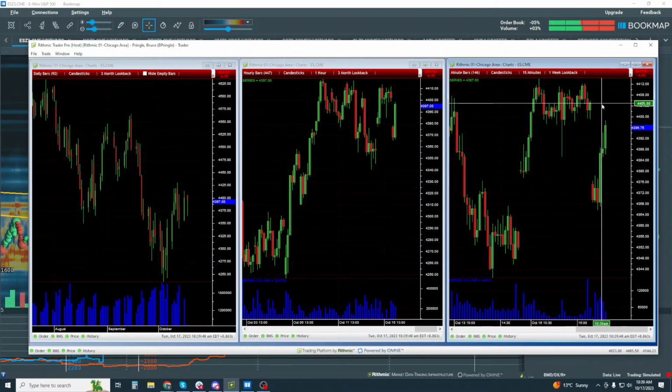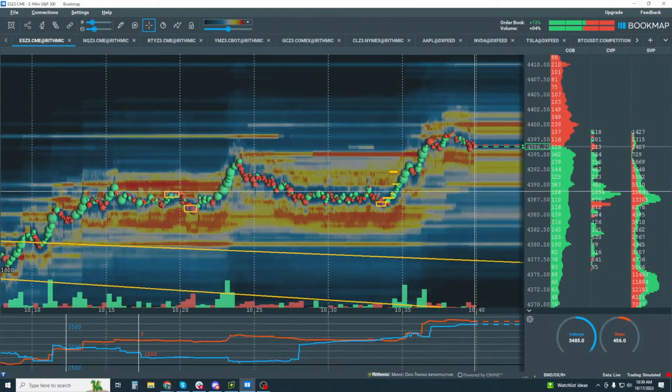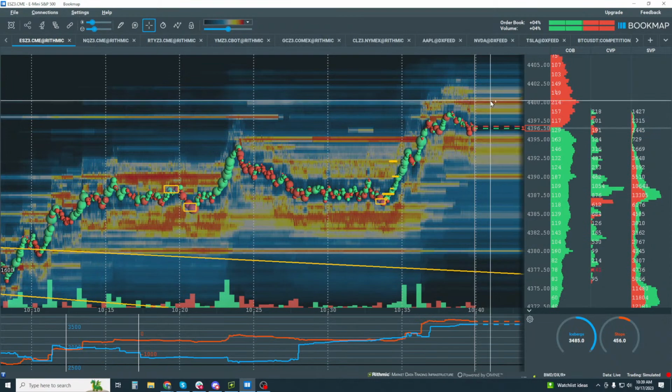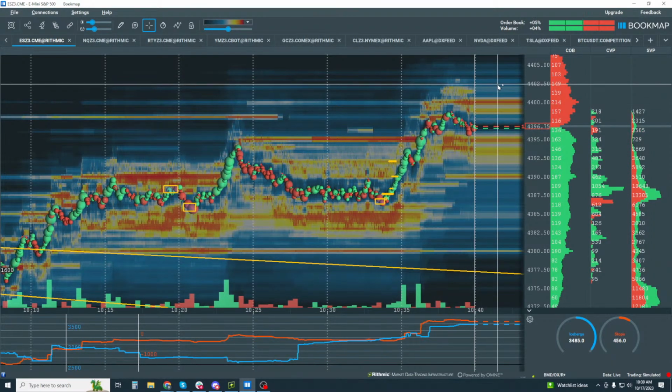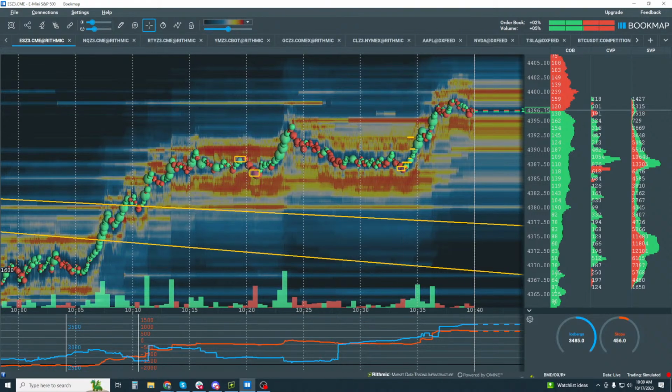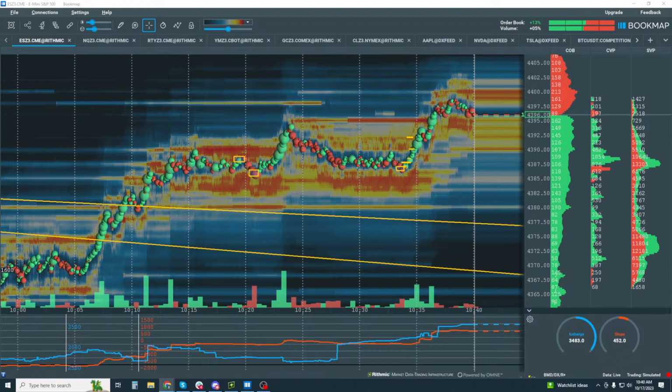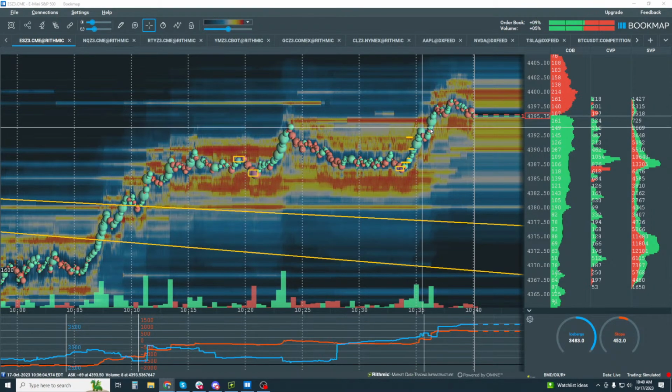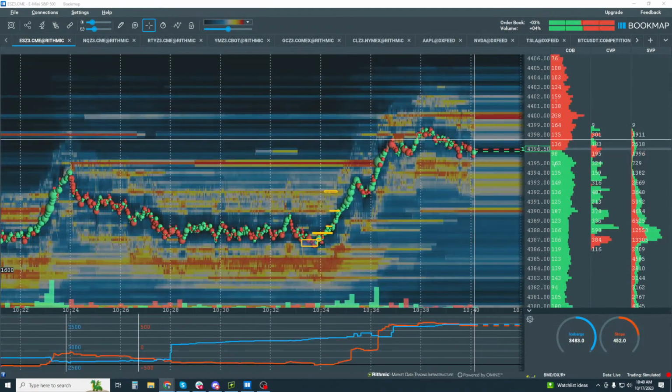It's clearly 05 here. It's on the hourly, and this is on the 15-minute. Well, anyway, here's the figure. Here's 02. Here's 05. Nvidia.